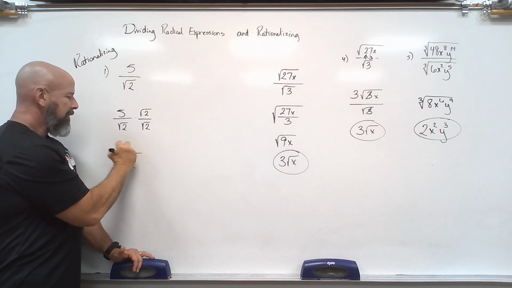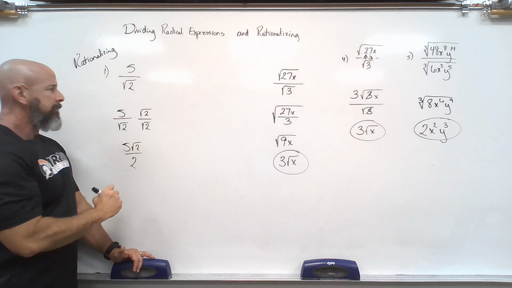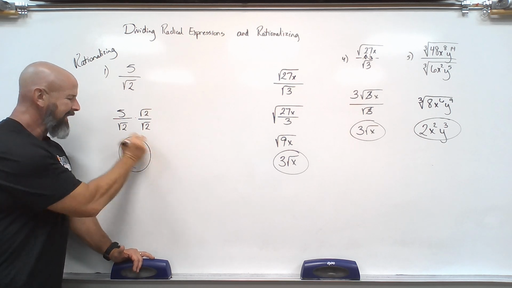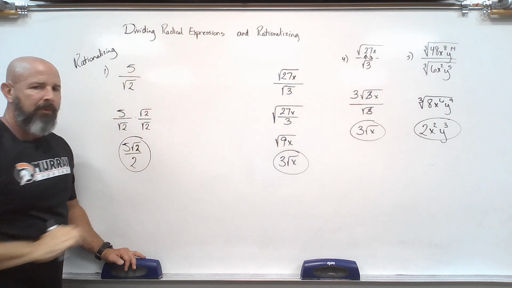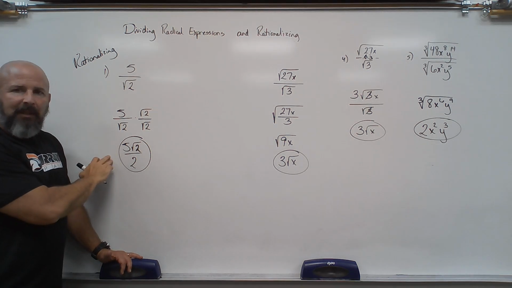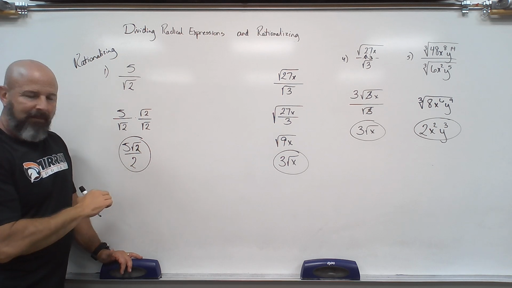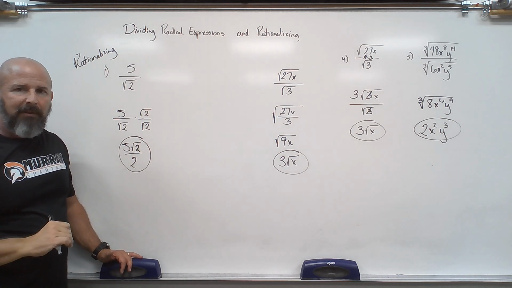And then on the numerator, that would just be 5 root 2. So this 5 root 2 over 2 is the same value as 5 over root 2. This is a rationalized answer, which means no radical in the denominator. I have eliminated the radical that was in the denominator.